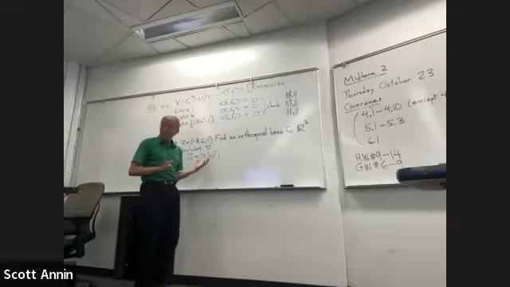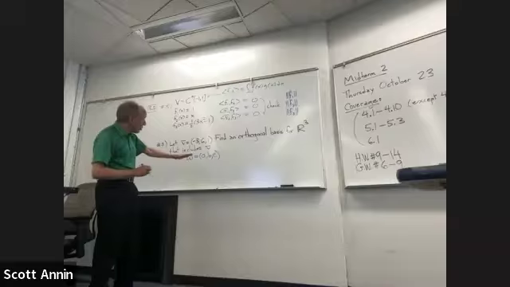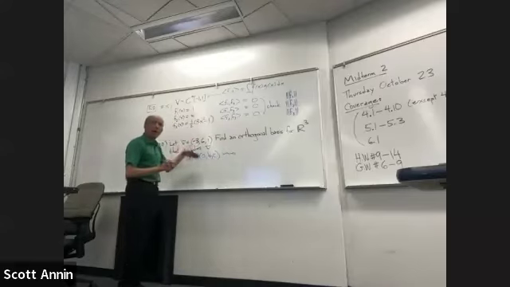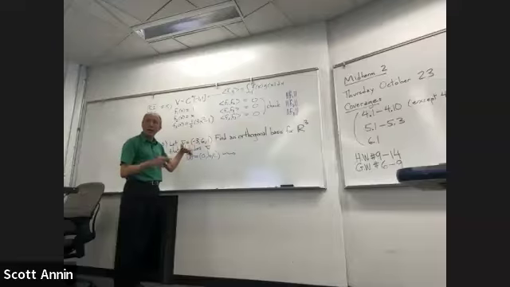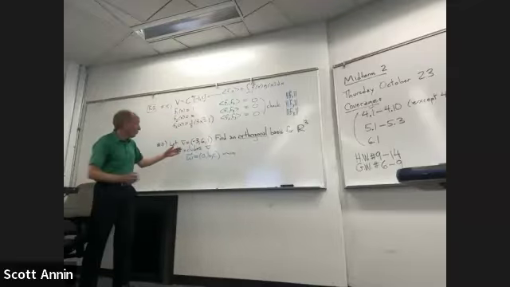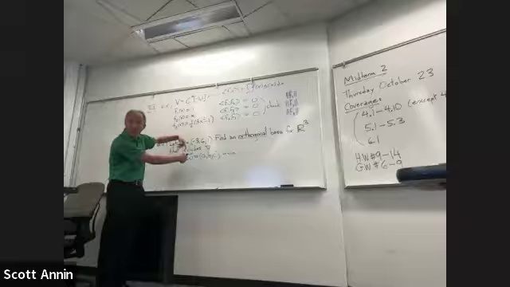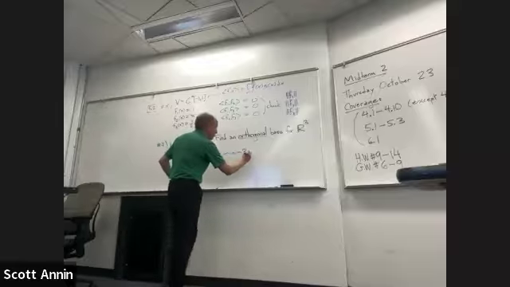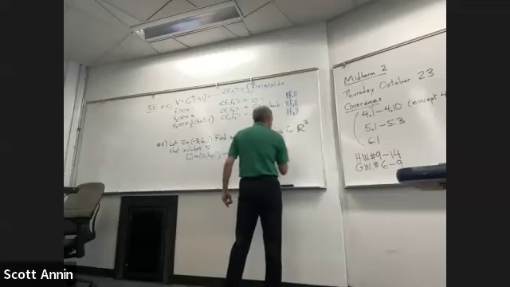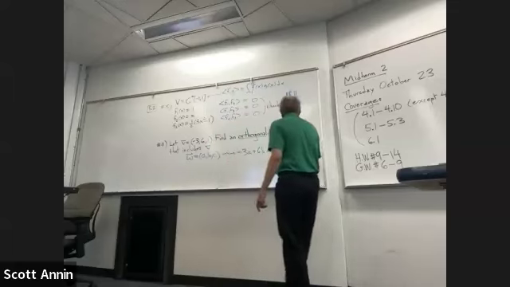I'm only working on the second vector. Ultimately, we'll need 3 of them, but this could be the second vector. The point being that if I calculate the dot product of these 2, I should get 0. I need to get 0 if I want to have an orthogonal basis. So when I do the dot product here, I'm just going to get negative 3a plus 6b plus c, and I'm going to set that equal to 0.